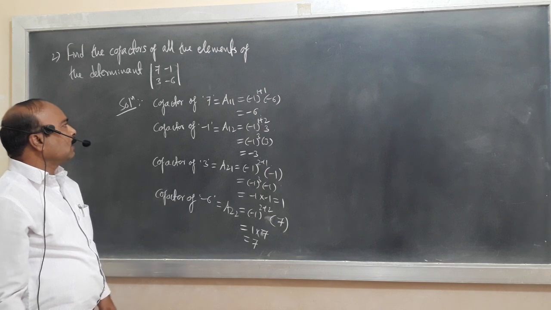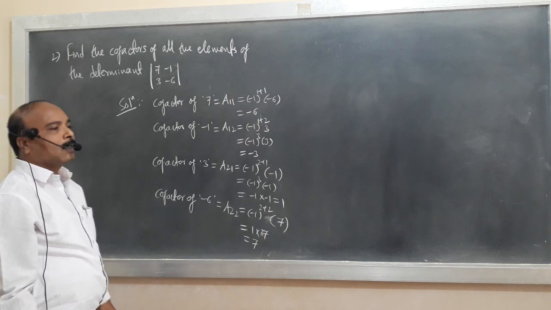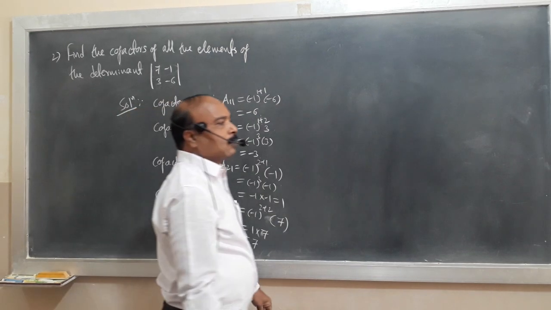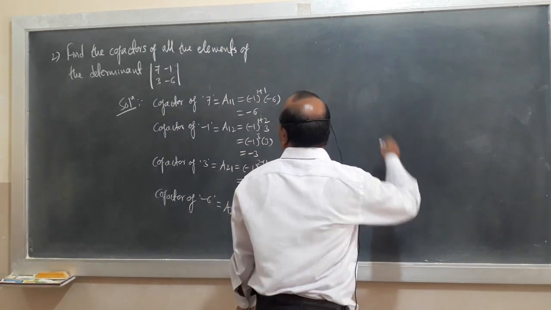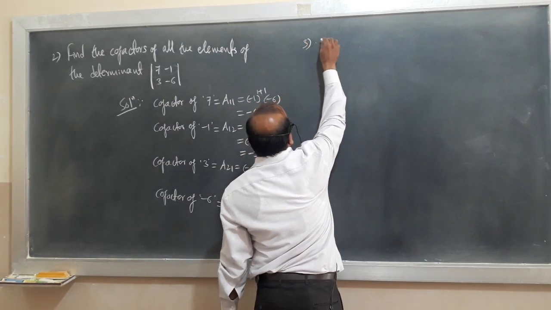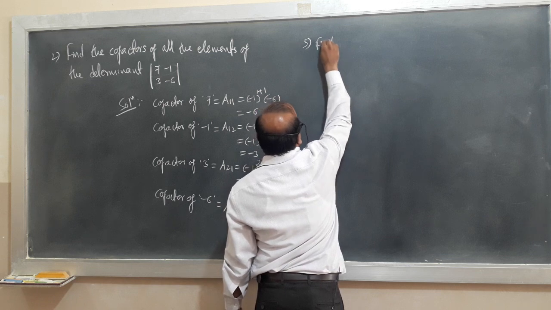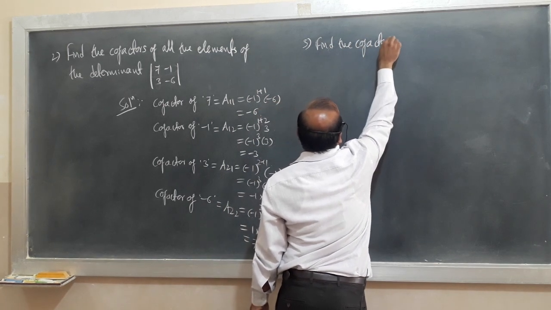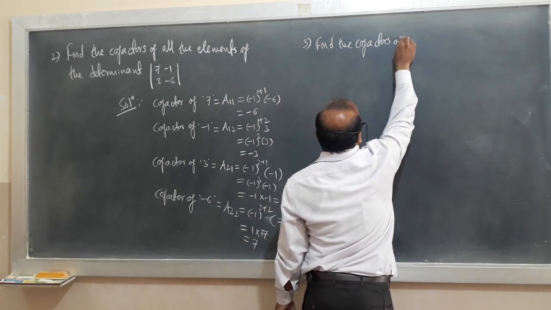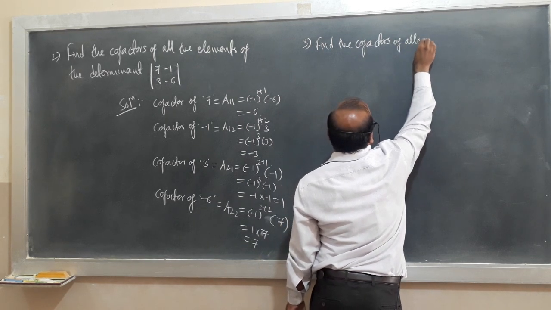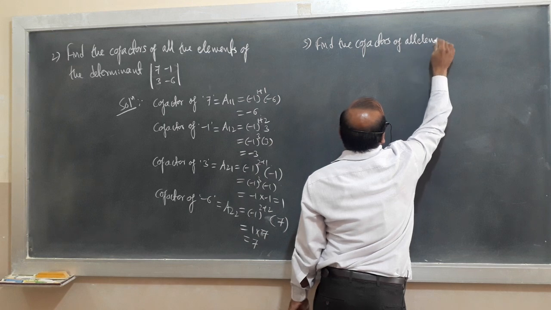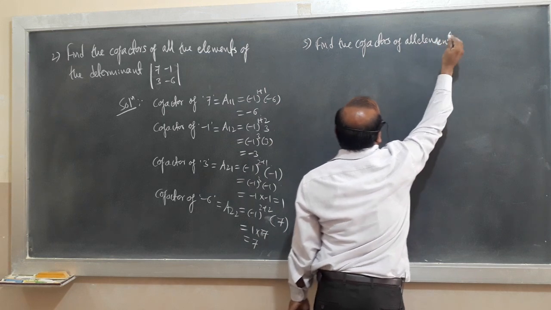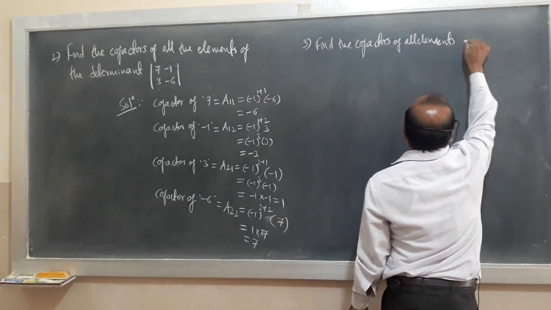We get cofactors. Now we go for a third order determinant to calculate the cofactors. Next, we find the cofactors of all elements of the determinant.